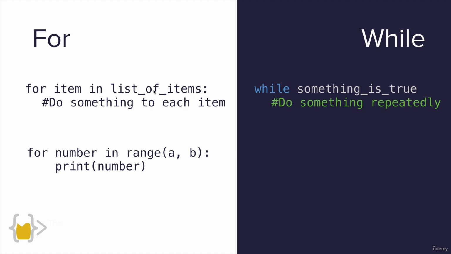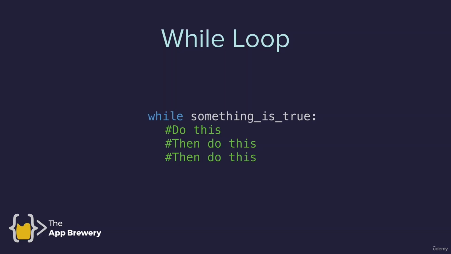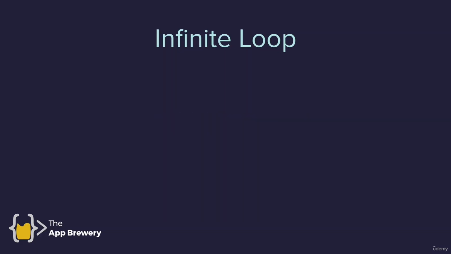It's going to stop once it reaches the end of the list of items in this case, and it's going to stop once it reaches the upper bound of the range in this case. But for while loops, they will continue running until this particular condition switches to false. So if you have some sort of condition that actually never becomes false, well then your while loop becomes something known as an infinite loop.